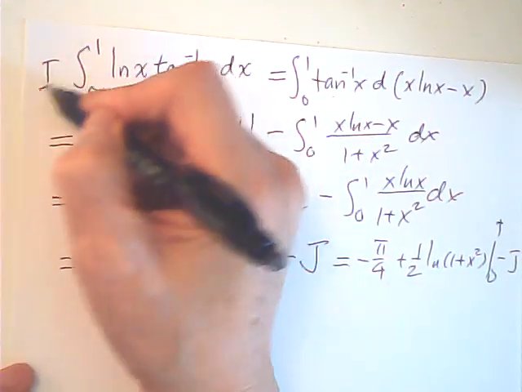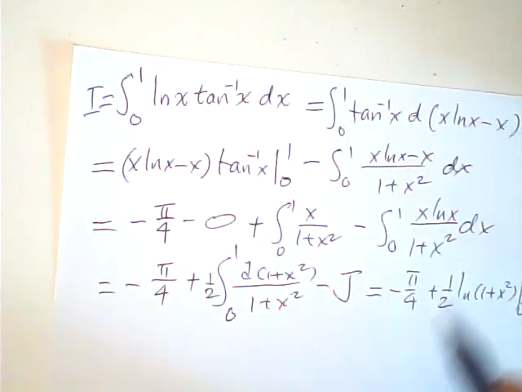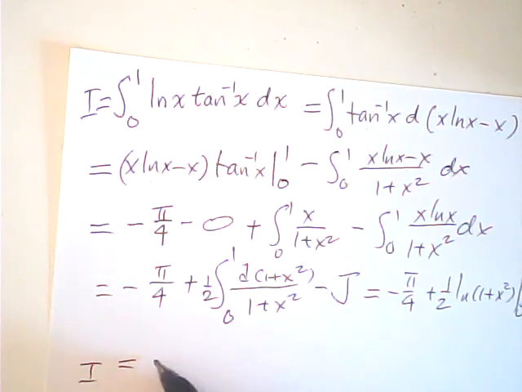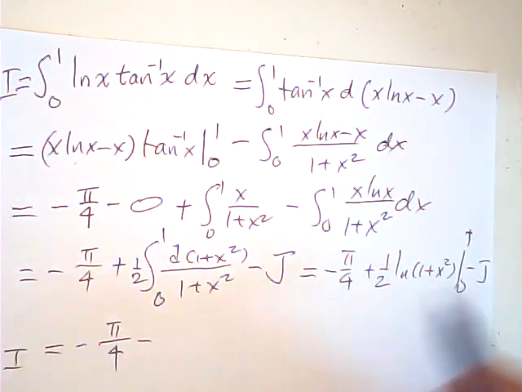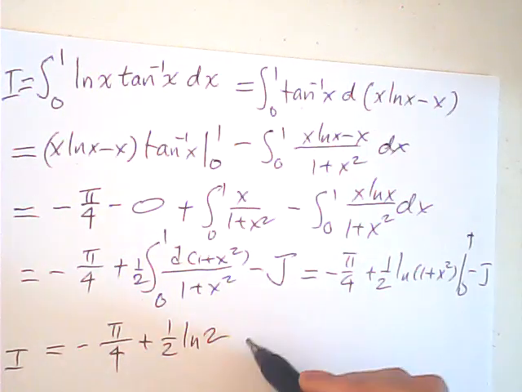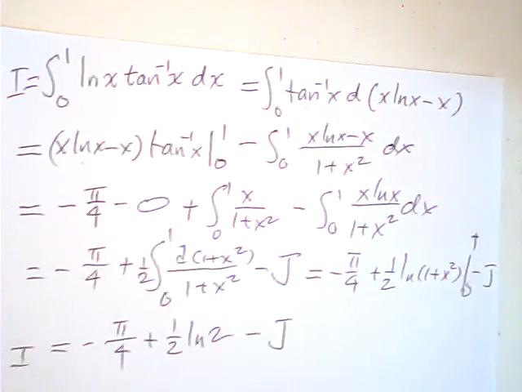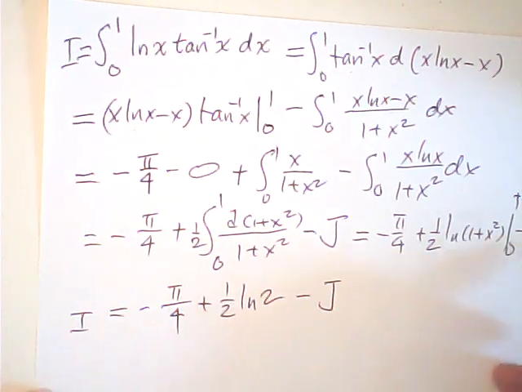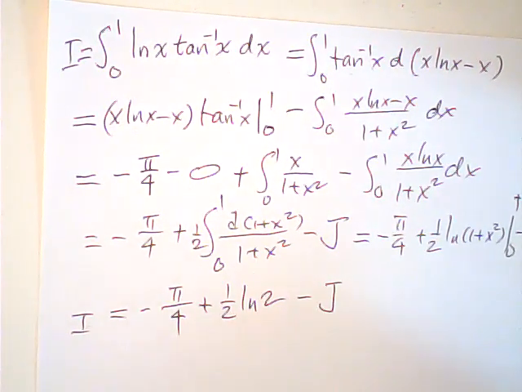So my integral I is equal to negative quarter pi, this is a log 2, plus half log 2 and minus j. I just finish j, then I'll finish my I.